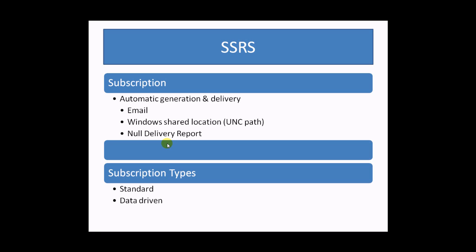SQL Server Reporting Services provides 2 types of subscription. One is standard and the other one is data driven. In standard subscription, we can go to a report and add a subscription for that certain report, and within that subscription we can say, okay, create a report at this time in this format and deliver it using this method to this place or to these people through email.